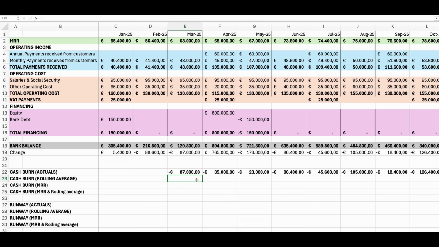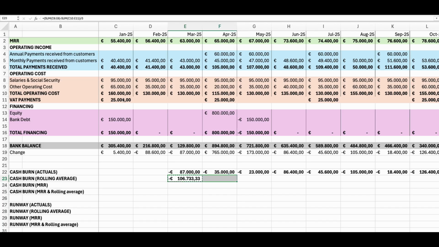So let's try the other 3 ways of calculating. The next one I'm going to show you is a 3-month rolling average. So what we're going to do is take the average of customer payments minus the average of all this cost, including the VAT payments that we're making to the tax authority, and we're going to divide that by 3.